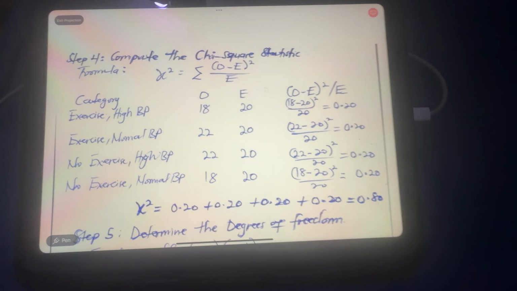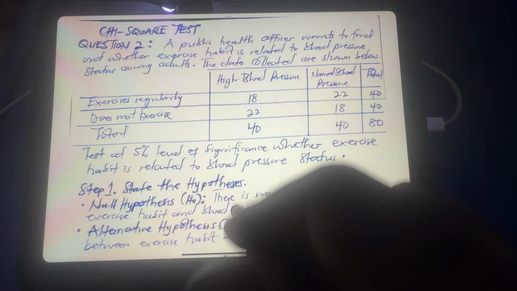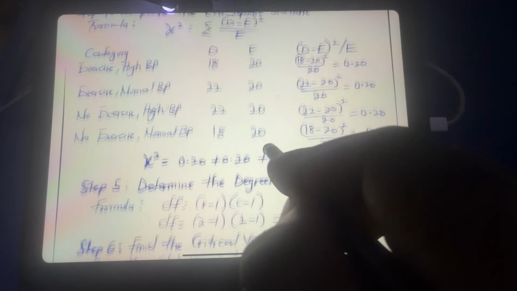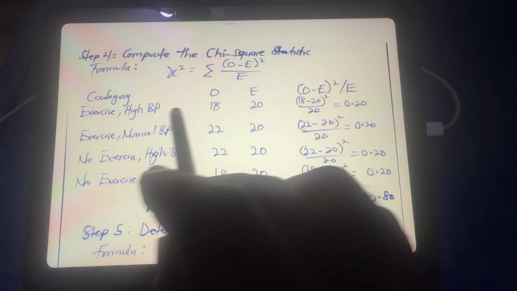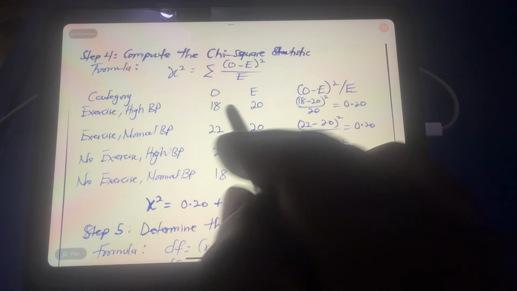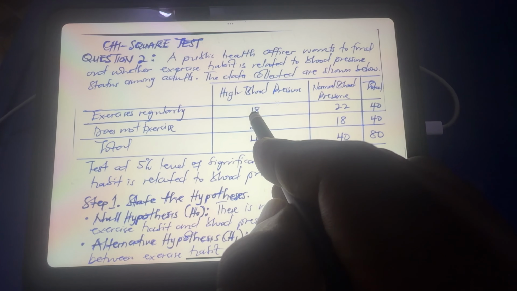Okay, good. So this observed you are seeing over here is what is in the table that was given to you in the question, the observed frequency table. So the O you are seeing over here is the frequencies that were given to you in the question. Exercise regularly with high blood pressure, 18. Here it is.